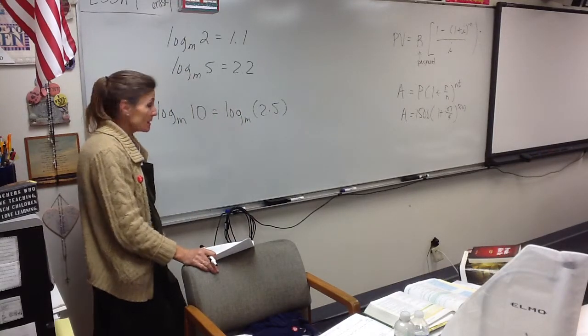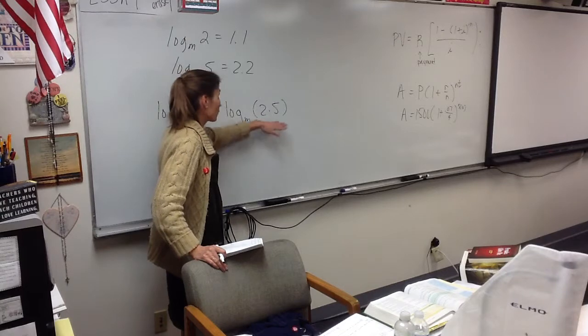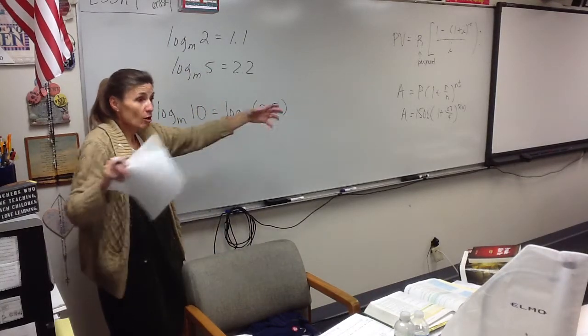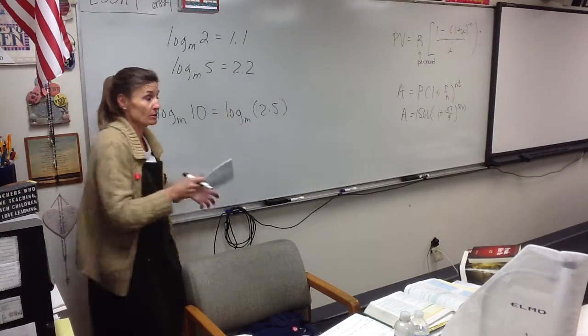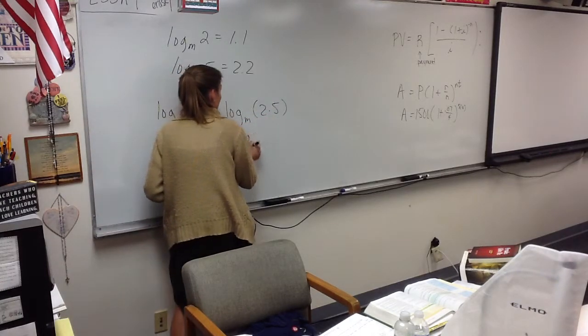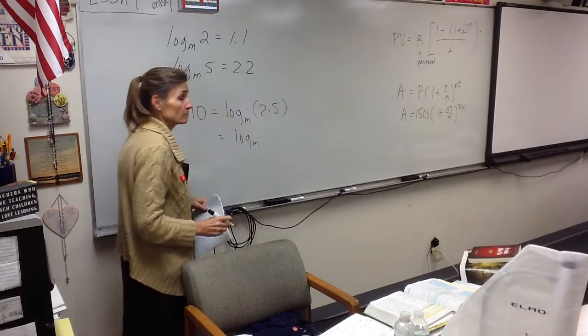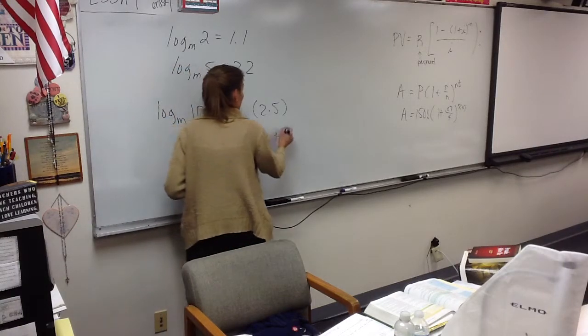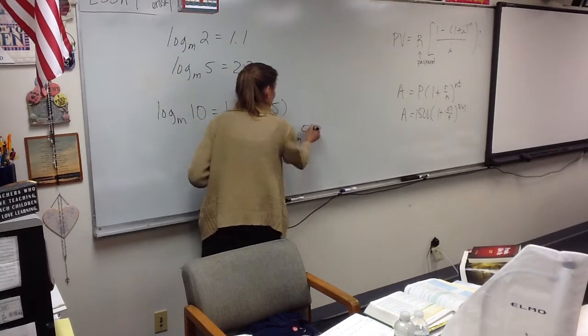Now, how do you handle the logarithm of a product? You can pull that apart. A plus sign, an addition problem. So this will be the log of 2 plus the log of 5.